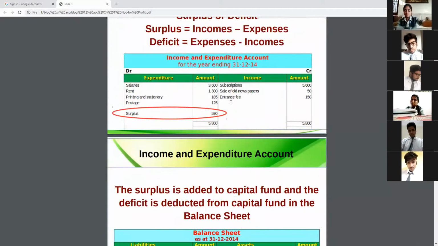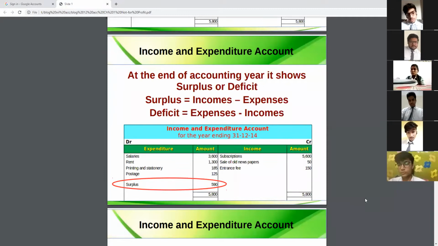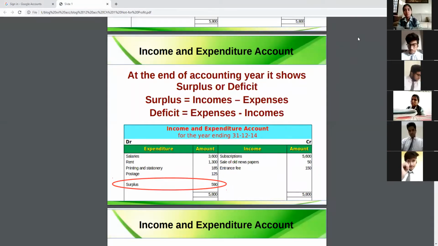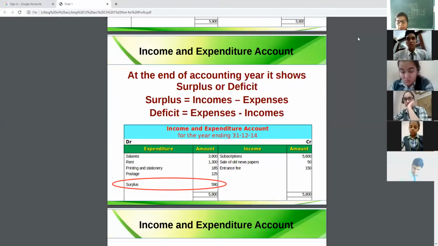Now see, what is the use of that surplus? Yes, my dear children, listen carefully. Shall I ask you the question, or did you forget class 11? I'm sure you forgot. The net profit calculated by the profit and loss account is transferred to the balance sheet and added to the capital.